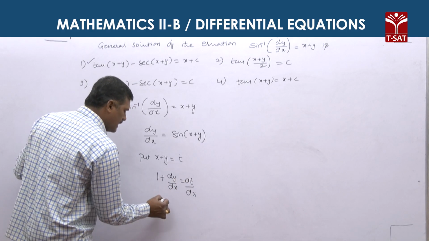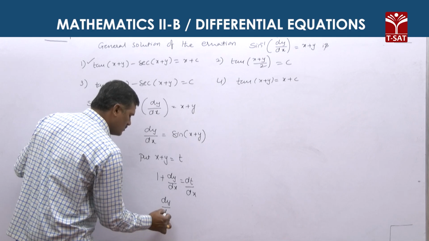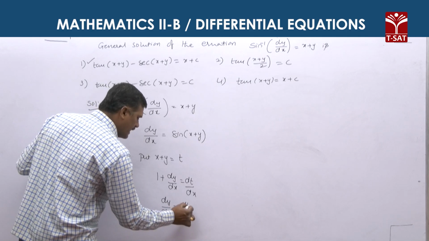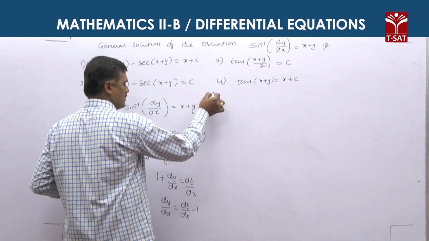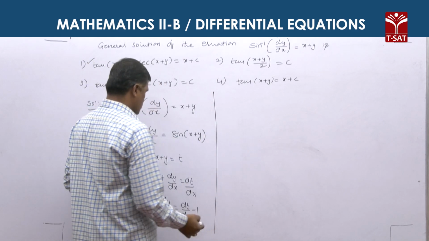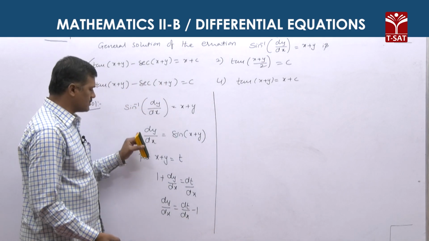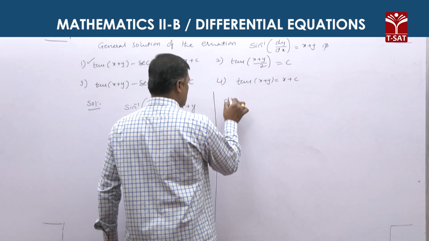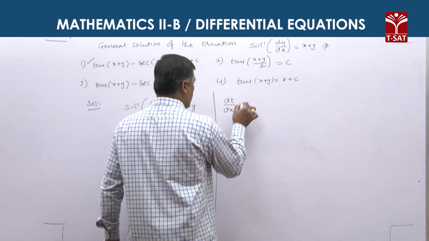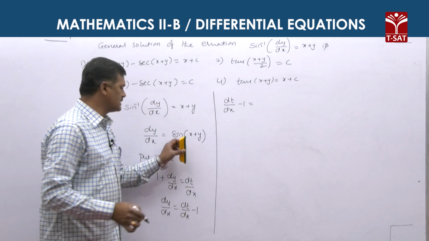Therefore, dy by dx is equal to dt by dx minus 1. So, instead of dy by dx, you have to write dt by dx minus 1. dt by dx minus 1 is equal to sin t.